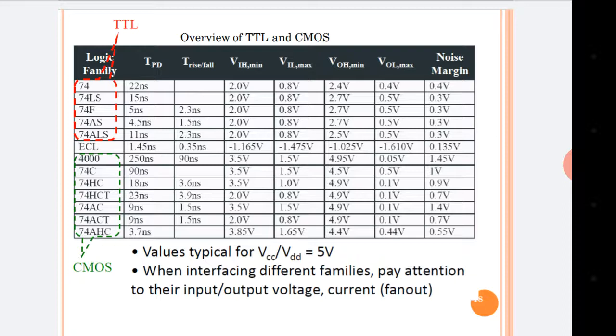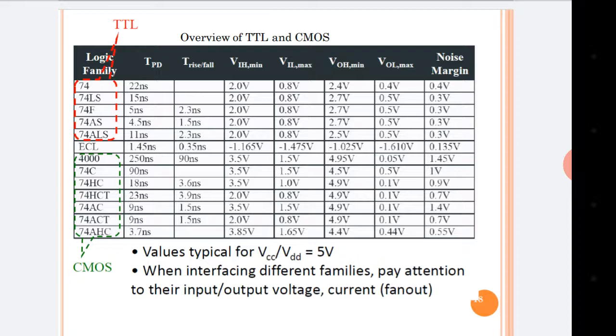Noise is basically an unwanted electrical signal, and noise margin is the ability of a circuit to tolerate that noise. If you observe the values of the noise margin for the TTL, it is from 0.3 to 0.4.